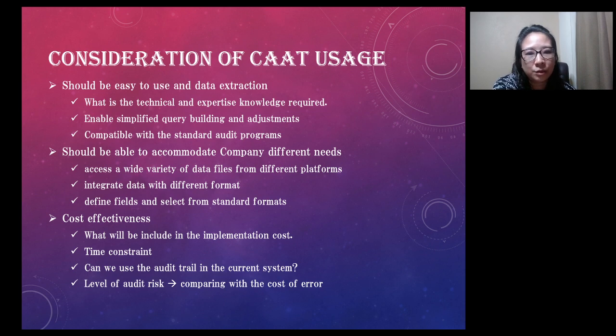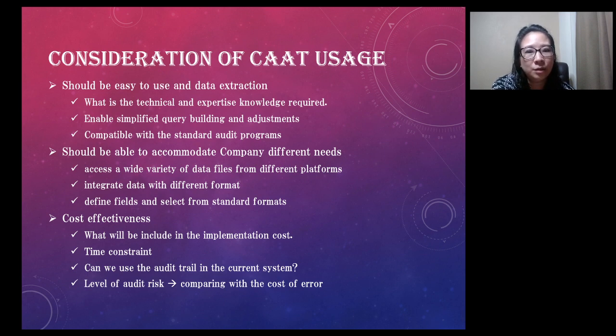And then we also need to check the level of audit risk. For example, if our audit purpose is not so high-risk, we need to compare it with the cost of error. For example, if we're not doing any audit or any preventive measures, what is the cost of error? If it's still cheaper than the CAAT tool implementation cost, then why do we need to do it?